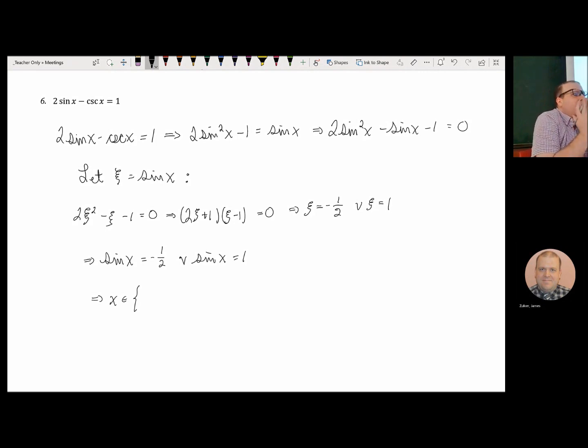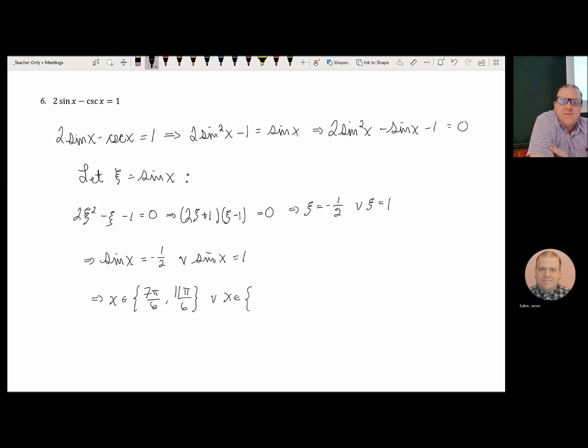Where is sine -1/2? What is it? I'm hard of hearing. I'm old. 7 pi over 6. Where is sine equal to 1?